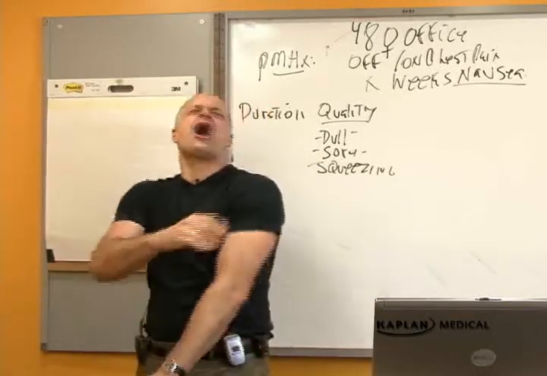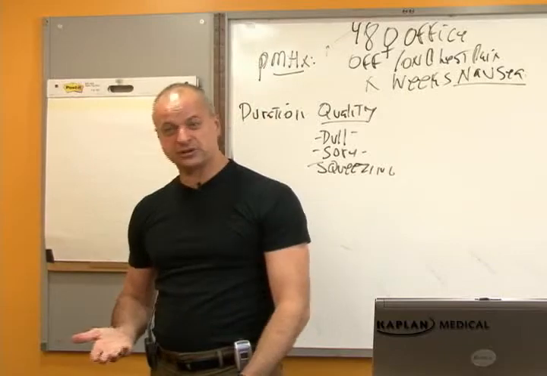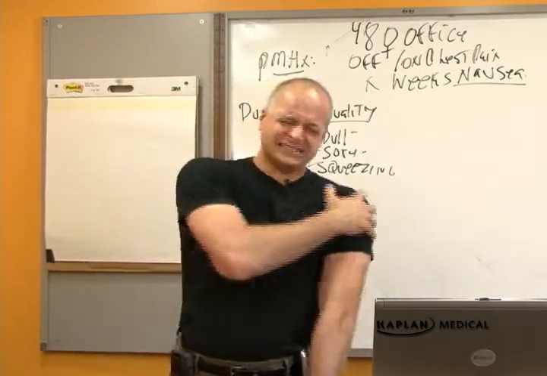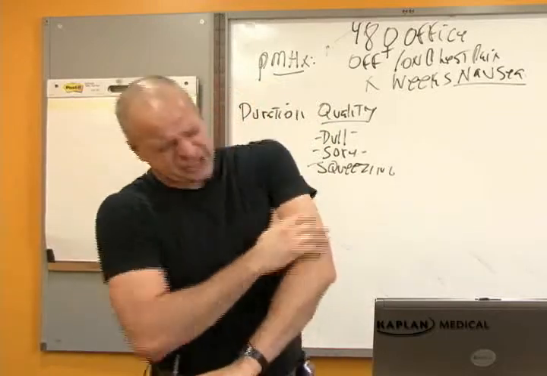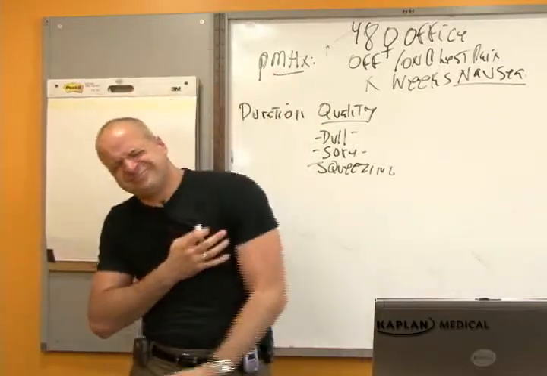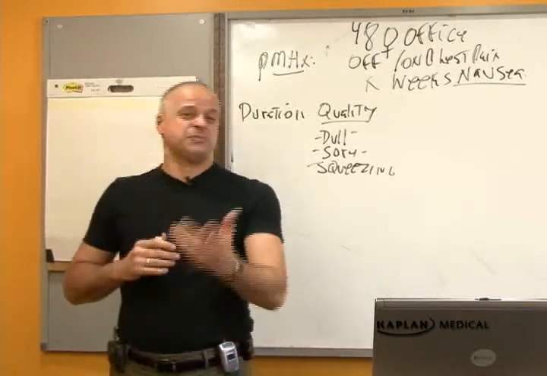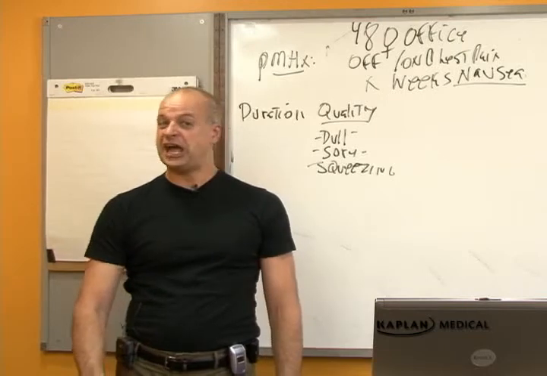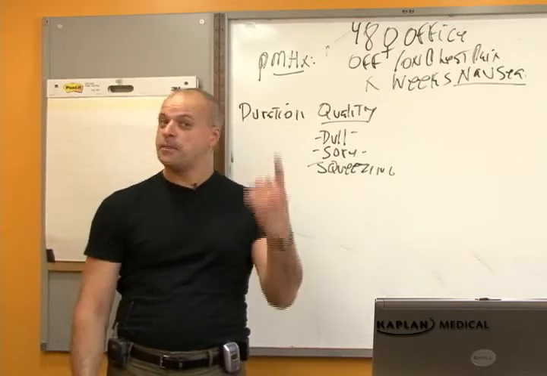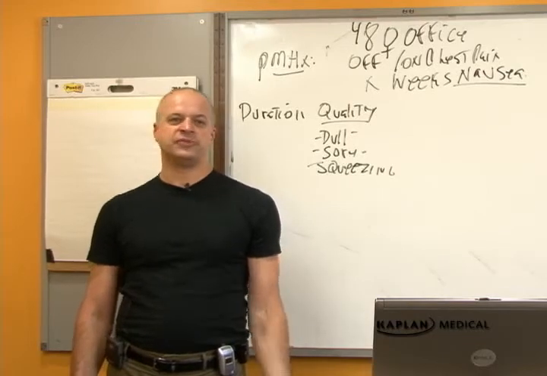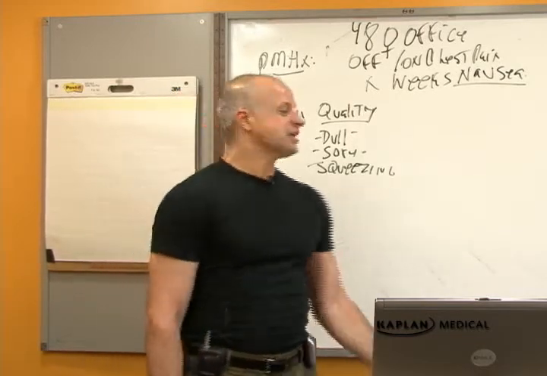That's ischemic pain. It's a muscle that's sore, because the muscle is ischemic. Sharp, knife-like, point-like? No. Not ischemic. Okay, dull, sore.